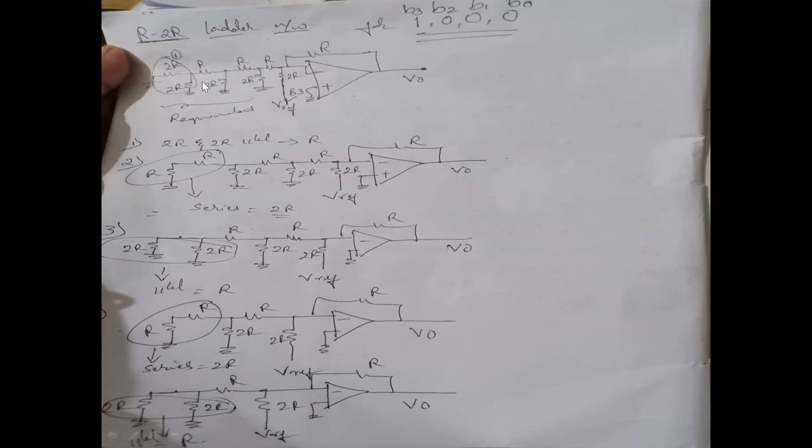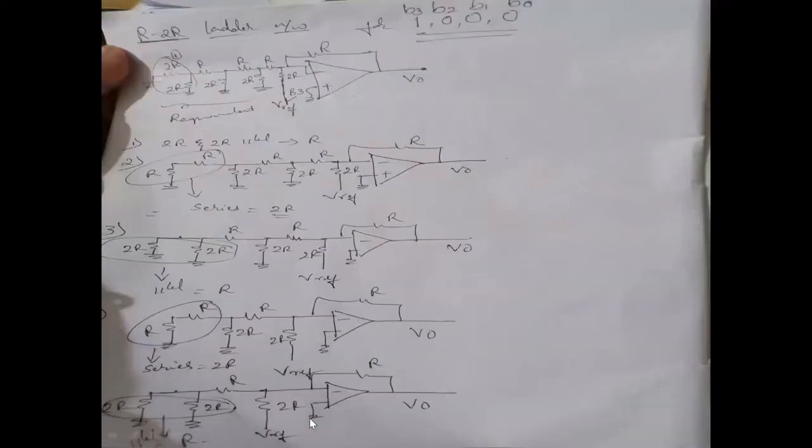And rest all inputs would be grounded. Means this would be given to your voltage reference and rest all would be given to ground. So in that case, what would happen? The output, similarly you have to derive. When you derive it, you will obtain your output is going to be V reference by 4 into minus RF by R into B2, for binary input B2 high.